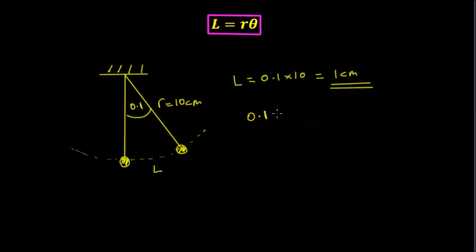So if I was to take this and multiply it by 180 and divide it by pi, we'll get that actual angle in degrees. So let's go ahead and get your calculator out and give that a go. 0.1 times 180, divided by pi.